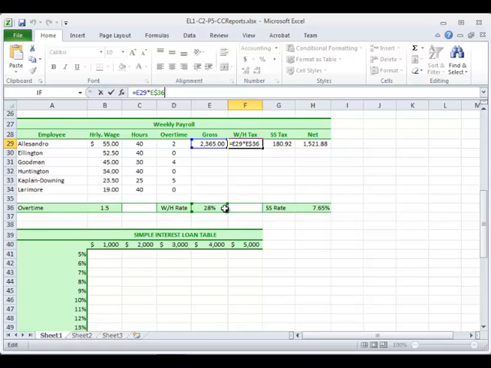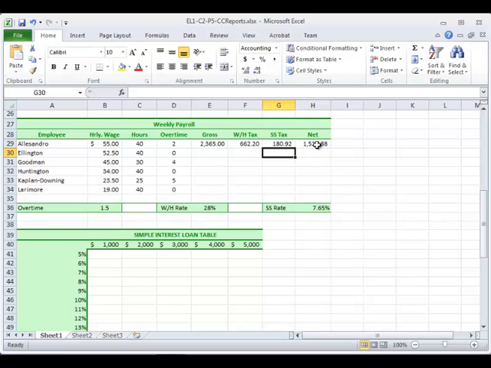So you can just average it out. Let's say there's 28%. You withhold it that way, and then Social Security tax, again, that is the gross pay multiplied by the Social Security tax rate. Let's say in this case 7.65%.